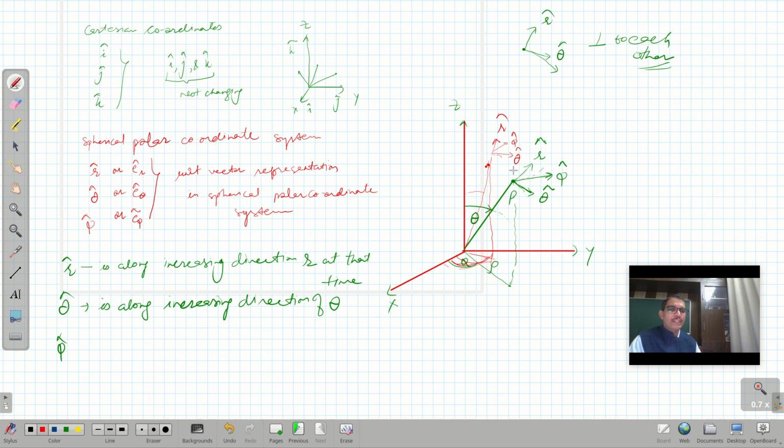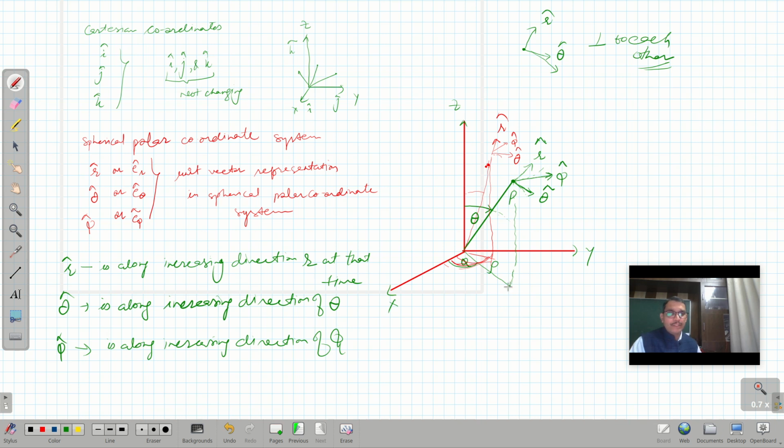So this is how we can look at the particle. r is changing, phi is changing, and theta is also changing. So theta cap and phi cap: phi cap is along the increasing direction of phi, right?